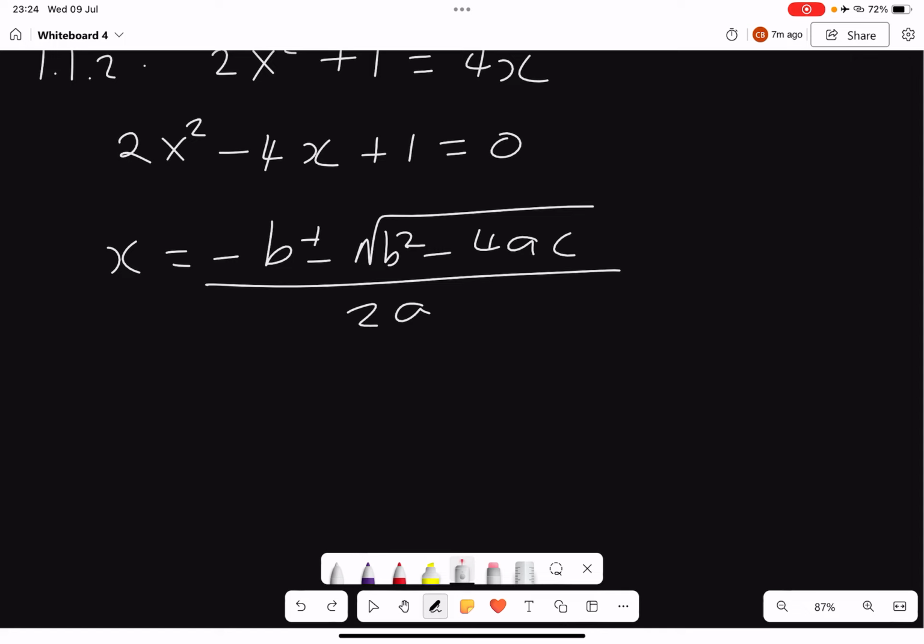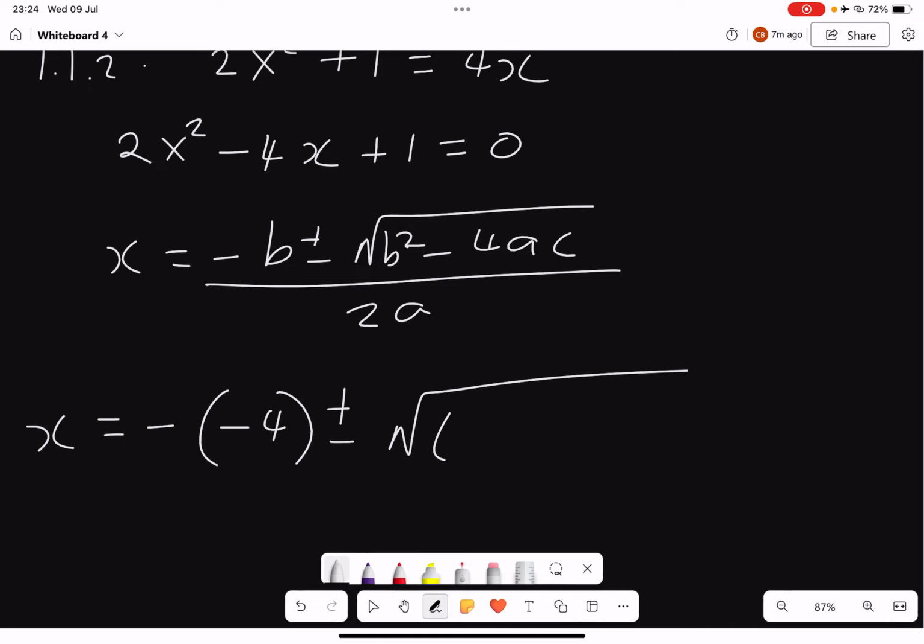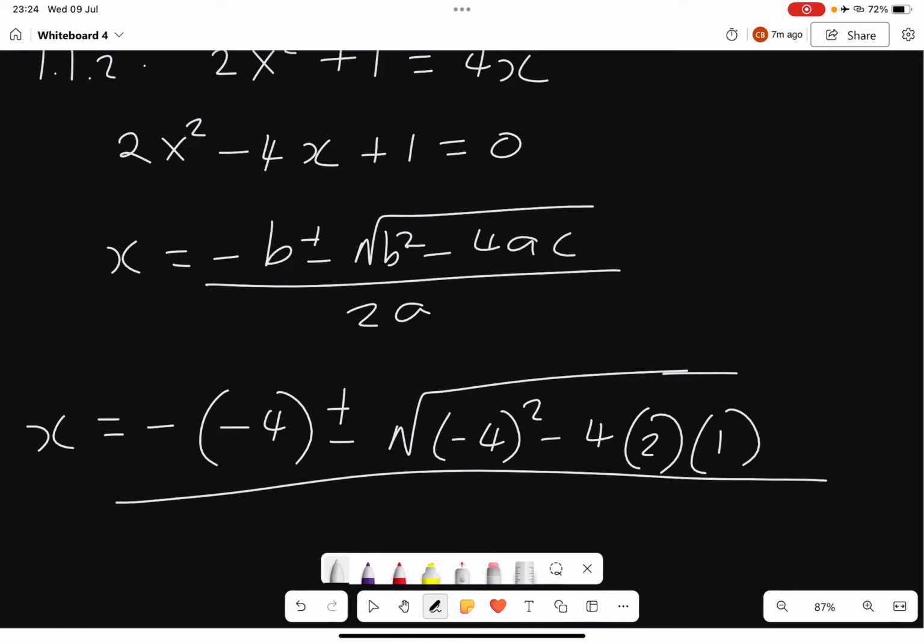So x will be equal to minus, the b is minus 4, plus or minus the square root of minus 4 squared minus 4, our a is 2, our c is positive 1, all over 2 multiplied by 2.